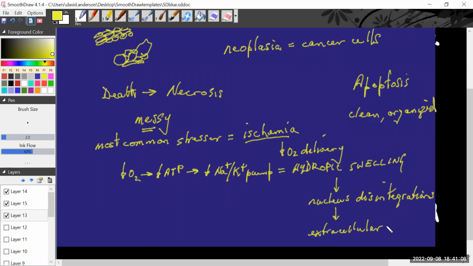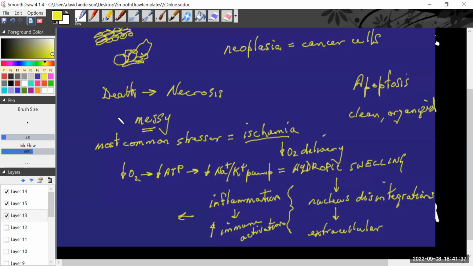So all of this is abnormal. And all of this means that we're going to get inflammation from these damaged cells, and that's going to give us an immune response. We're going to get activation of the immune system.